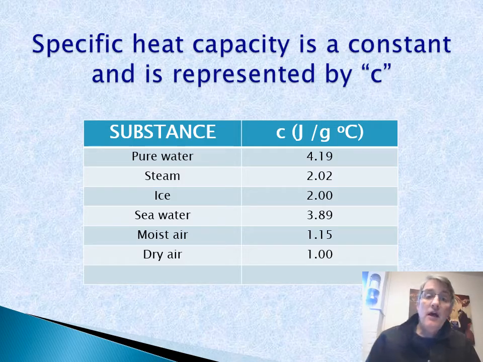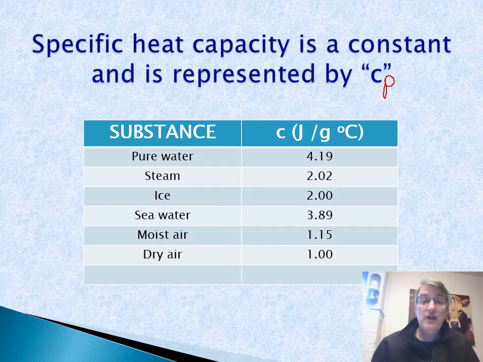Specific heat is represented by the constant C, sometimes also C sub P, so you might see this in your book. I don't like C because C is usually the speed of light, but we're just going to go with that. And it's different for every material. It's actually different for the state that you're in or the phase that you're in.